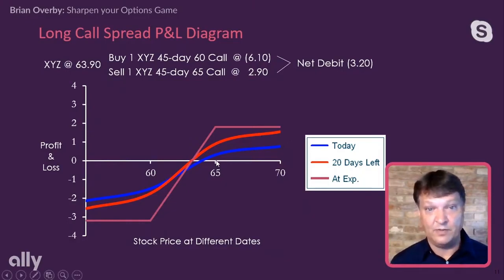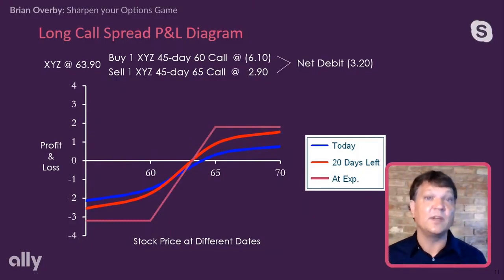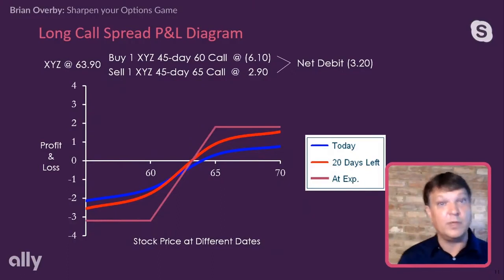So it's better if I do this trade if the stock takes a while to get to my high strike, the 65 strike. With 20 days remaining, which means 25 days have gone away, I'm a little bit closer. And then in that last 20 days, it's like, wham, I hit my max profit. This is just something that you should highlight and be aware of.